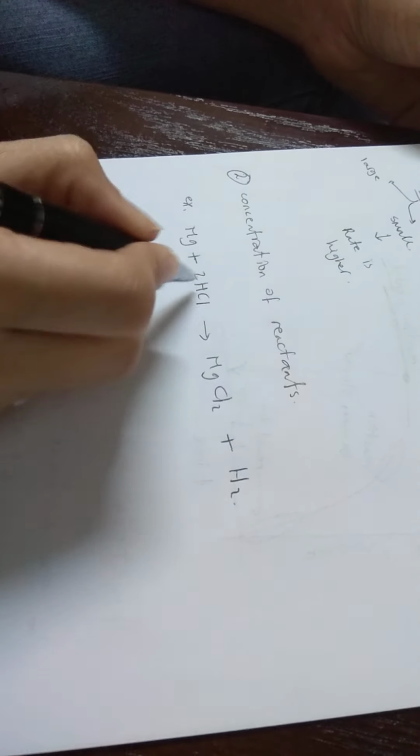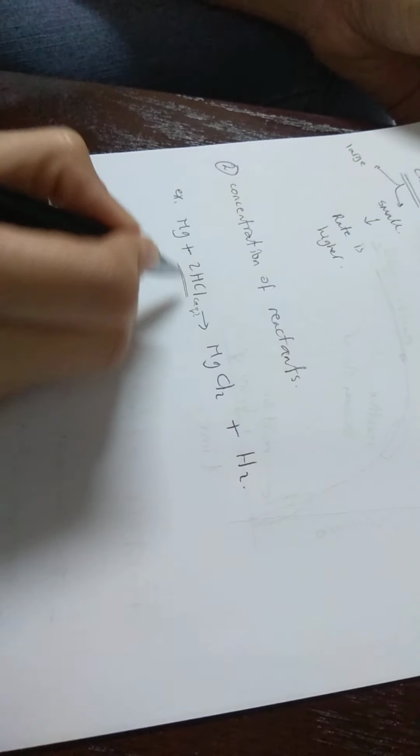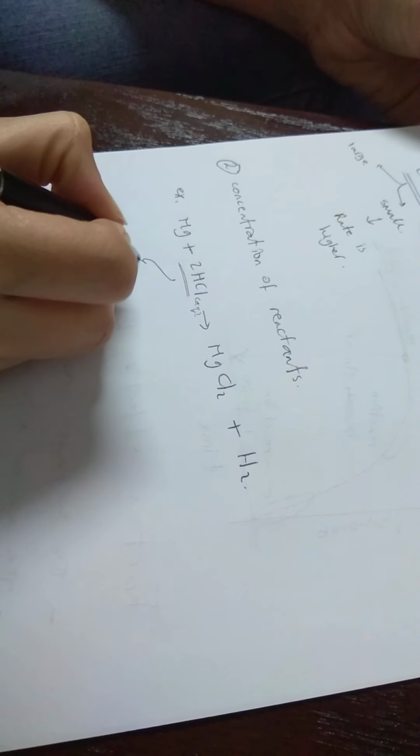The second factor that affects the rate of the reaction or of any chemical reaction is the concentration of the reactants. For example, if we are talking about this reactant, which is an aqueous solution, for this reactant we can use lower concentration and higher concentration.